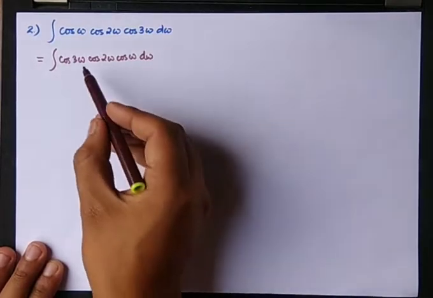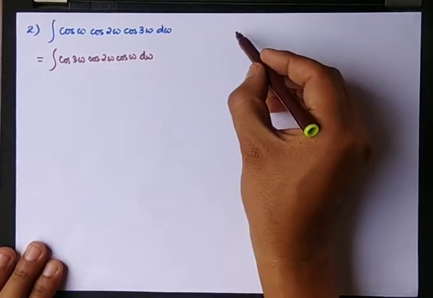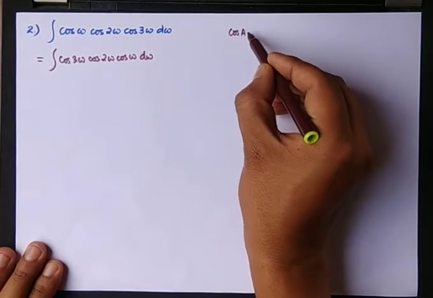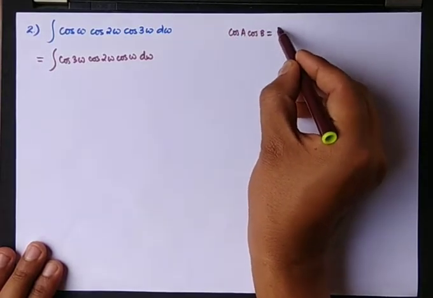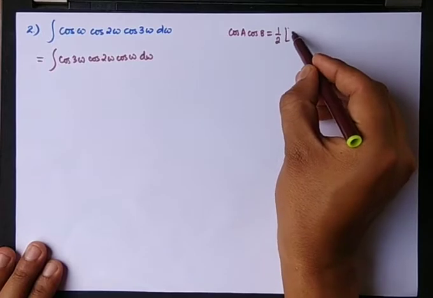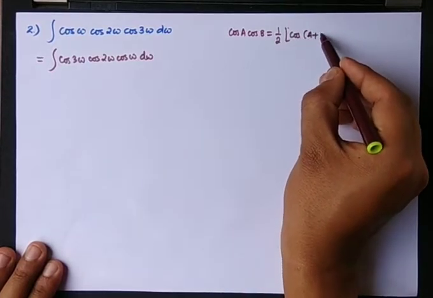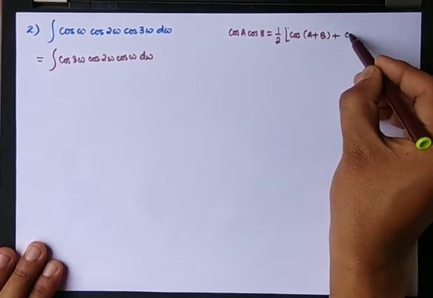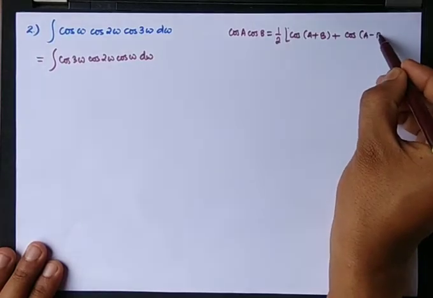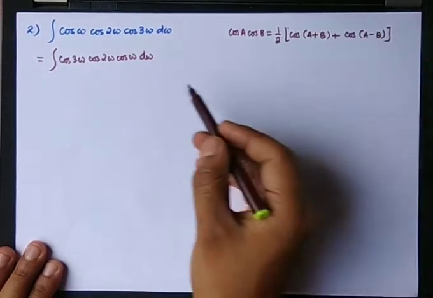Now we know that since only cos are there, we will use this formula. So cos A, cos B is equal to half cos A plus B plus cos A minus B. So we'll make use of this formula here.